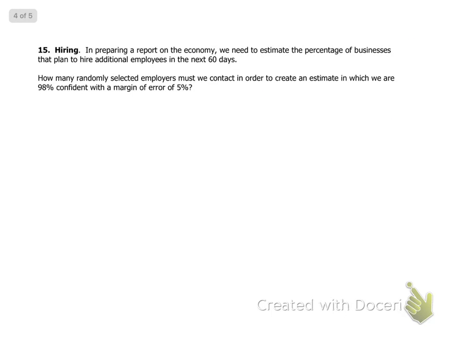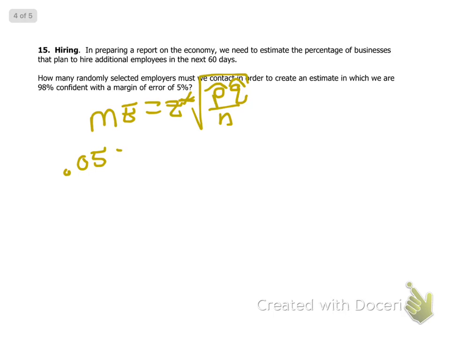All right, so this is a solve for n, so we need to remember that margin of error is equal to my critical value times the square root of p hat q hat divided by n. Now, I don't see p hat here, so I'm going to do 0.05 is equal to, and what do we have? Well, a 98.